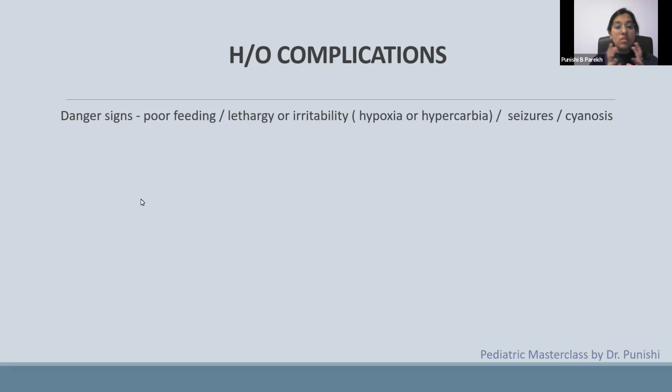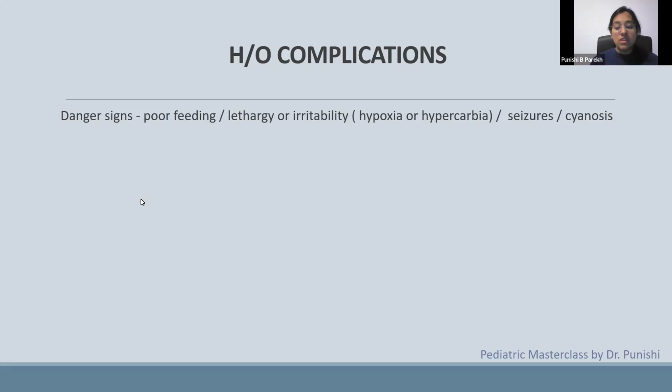So these are the common questions you will ask the mother to look for complications. And if there are danger signs, then definitely the child is more sick and needs immediate attention. And the line of management kind of changes in first stabilizing the patient and then evaluating as to what exactly you're dealing with. So these are the questions that you will ask with respect to history of complications.